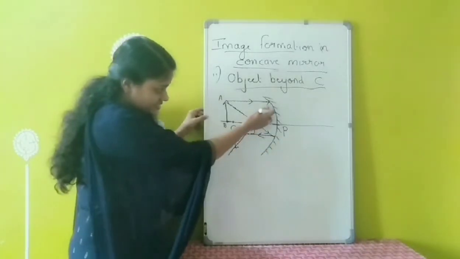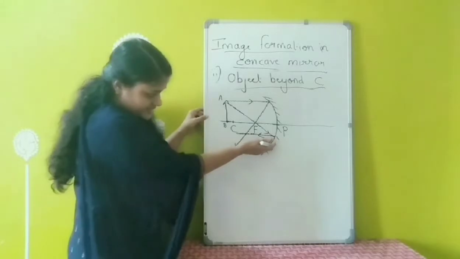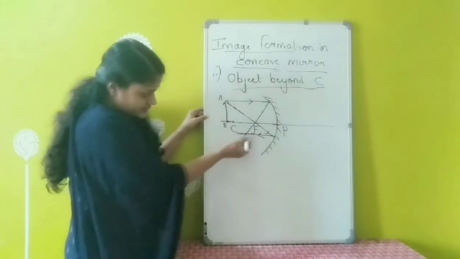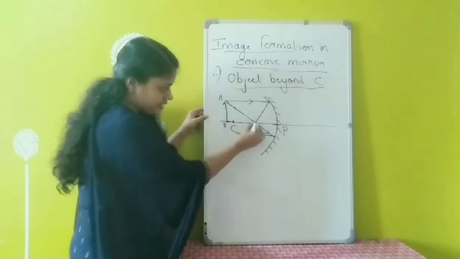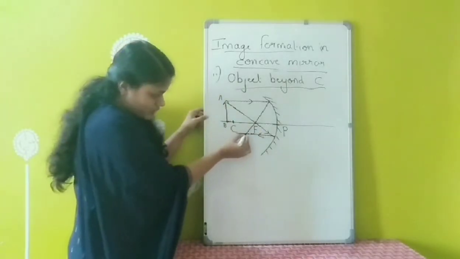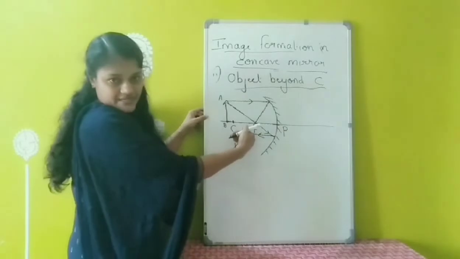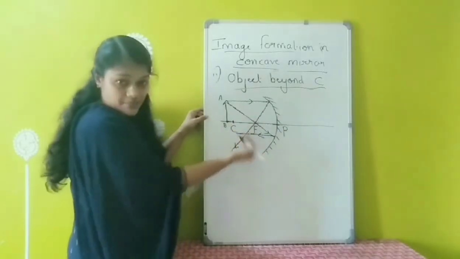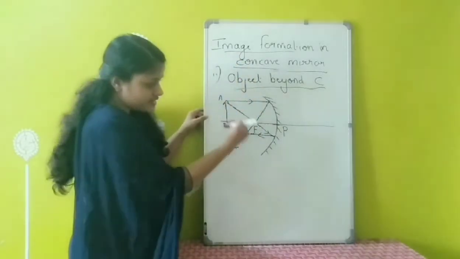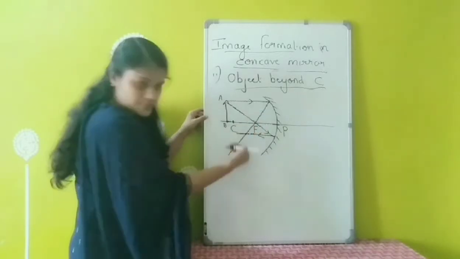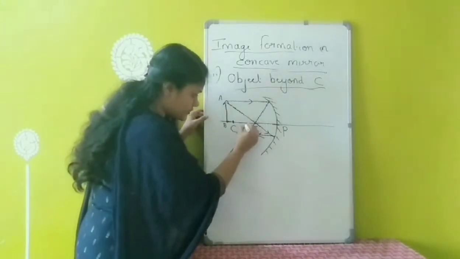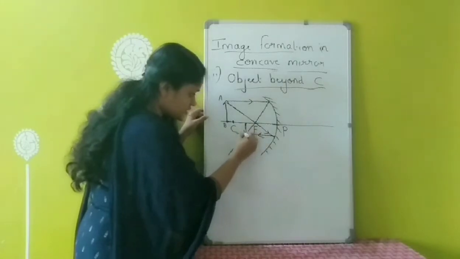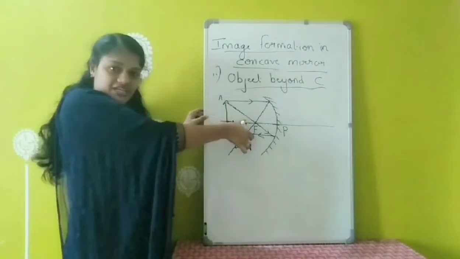So we can see that this is the first reflected ray and this is the second reflected ray. Both the light rays are meeting at this point, that means between C and F. And this meeting point is below the principal axis. That means the image may be inverted, upside down. So whenever we are getting an image below the principal axis, it is an inverted image. So you will be getting an upside down image like this.